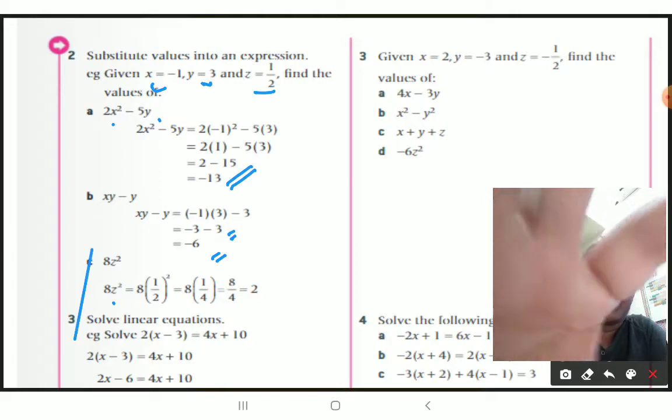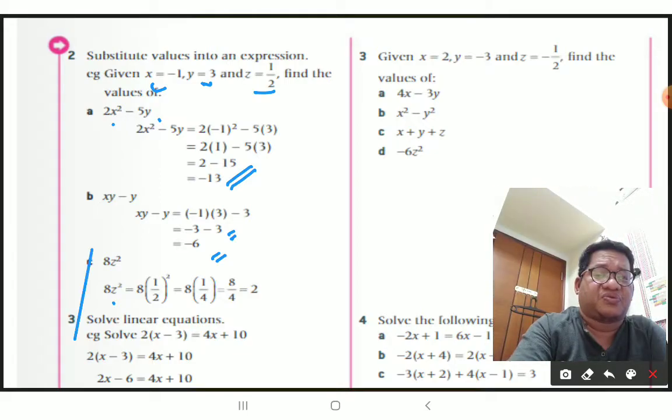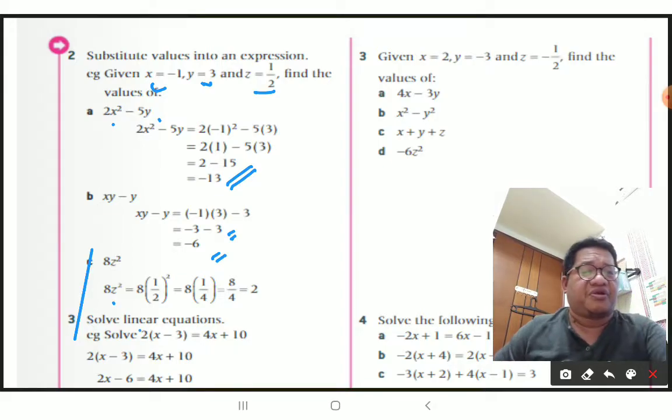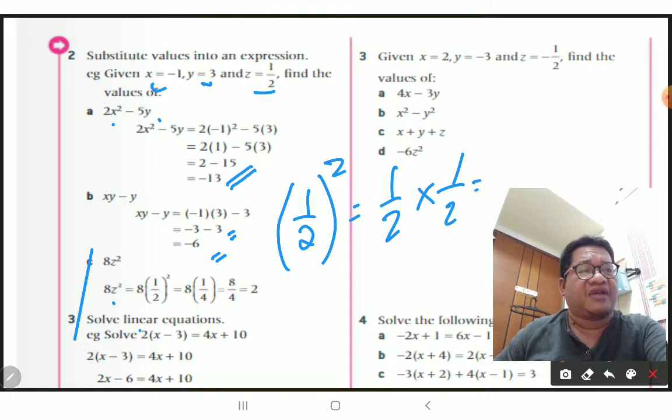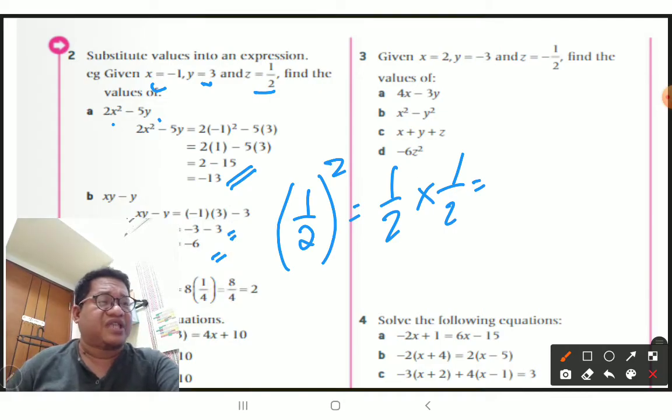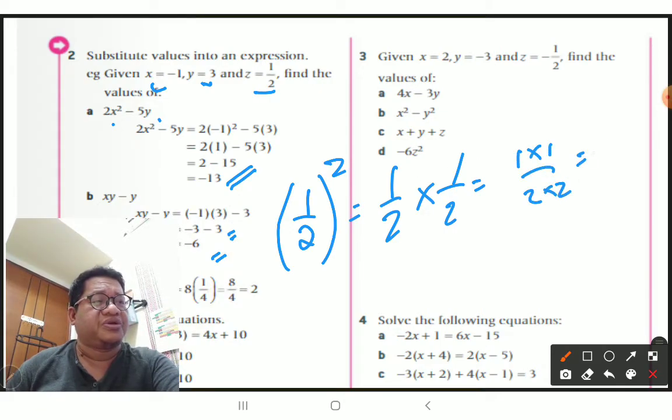8z squared, if z equals 1 half, so 8 times 1 half squared, 8 times 1 out of 4. Remember that 1 out of 2 squared means 1 out of 2 times 1 out of 2. And when you multiply, that's actually 1 times 1, and then 2 times 2, that will give you 1 out of 4.